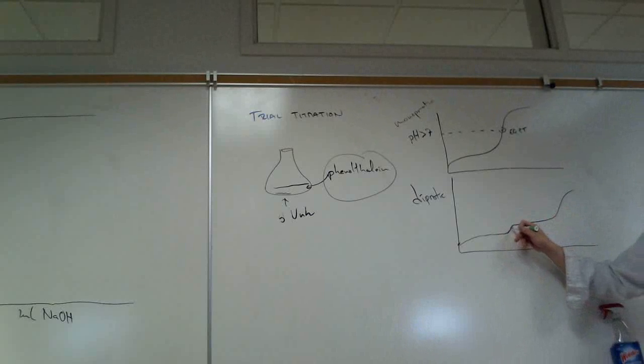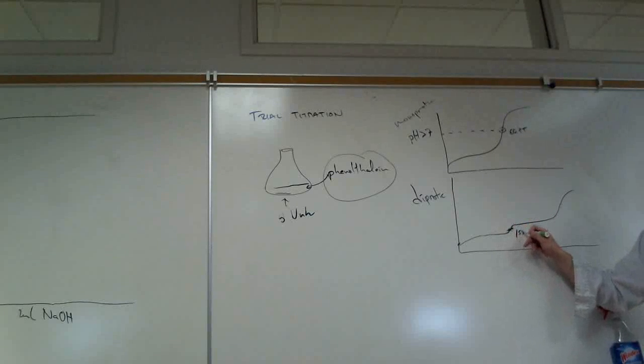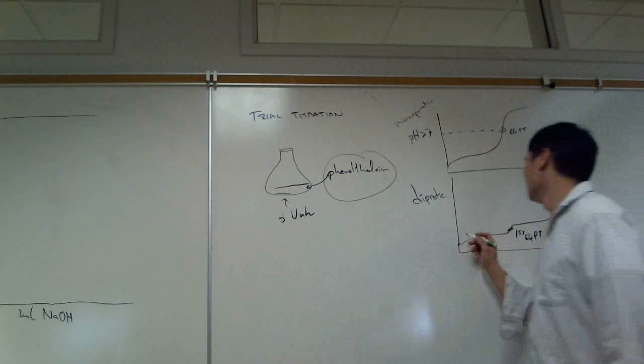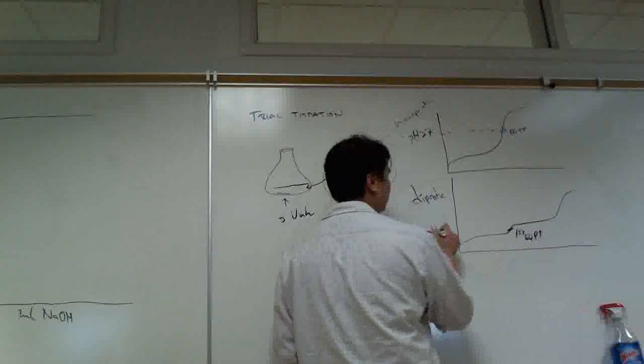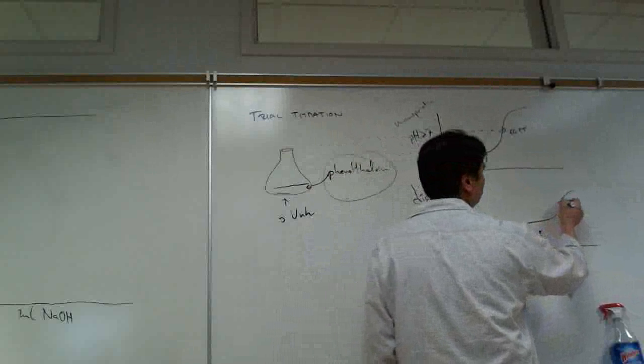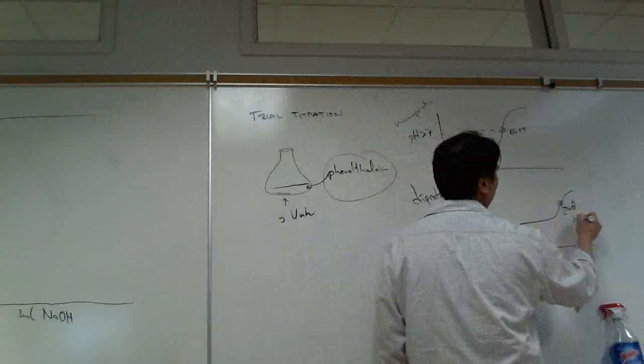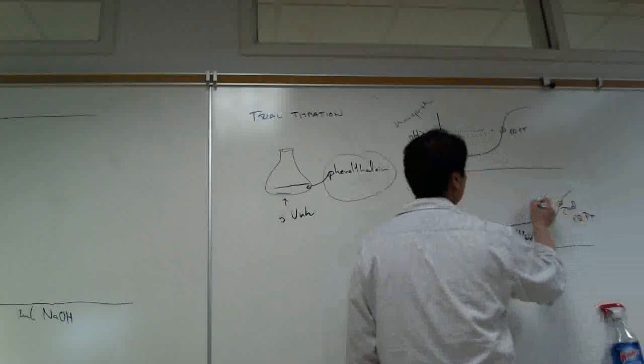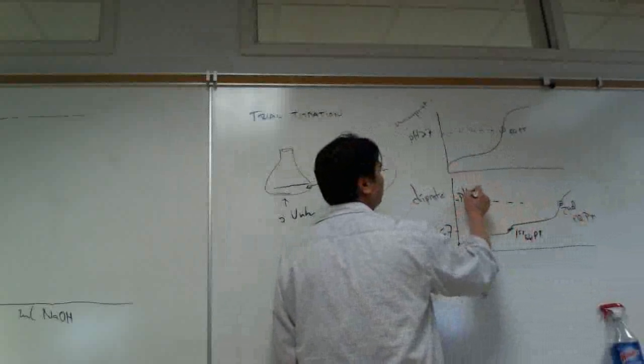The first equivalence point, which is around this area, has a pH that's actually less than 7, so it's in the acidic part. And the second equivalence point has a pH greater than 7.